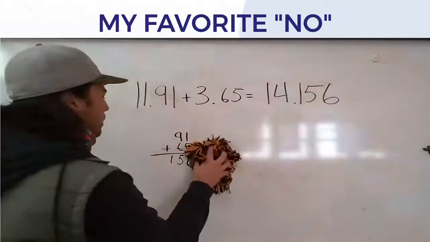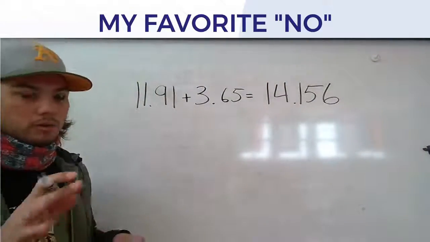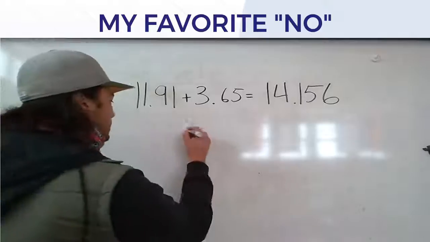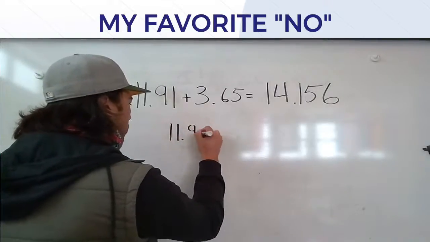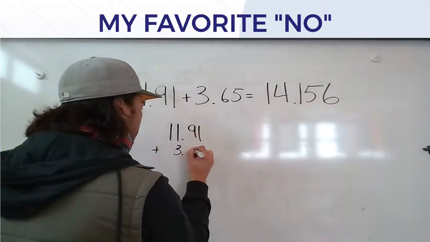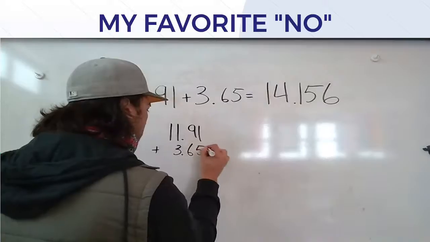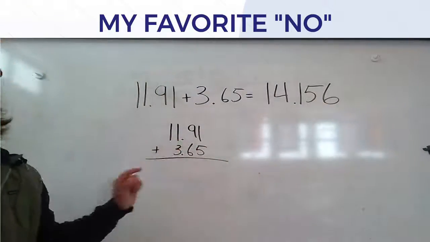Here's the shift from my favorite no to a yes, is when we set up our problem in vertical form, 11 and 91 hundredths plus 3 and 65 hundredths. Okay, and we've got our decimal points lined up.